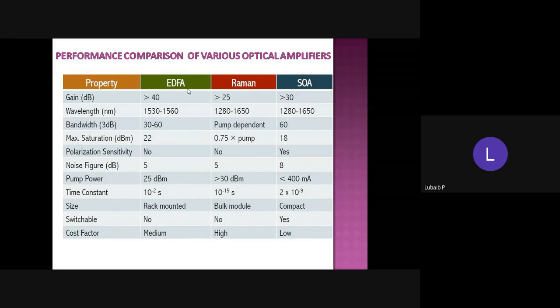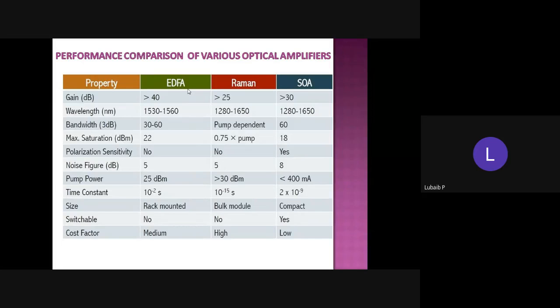The 3 dB bandwidth provided by EDFA is 30 to 60, and in the case of the semiconductor optical amplifier it is 60, the maximum, a 3 dB bandwidth of 60.